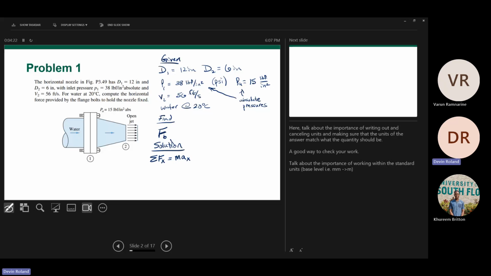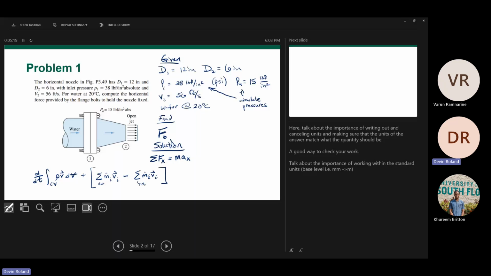So I believe when he did it in class, you had some sort of term over the control volume of rho velocity, plus the sum of m dot v out, minus the sum of m dot v in.